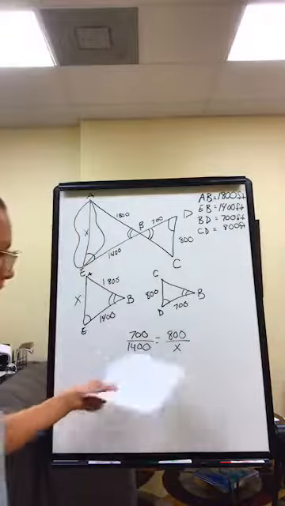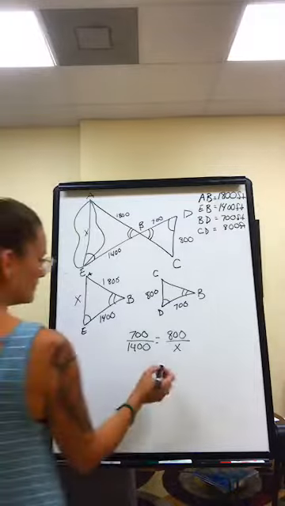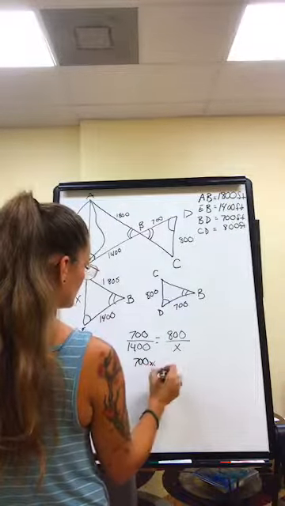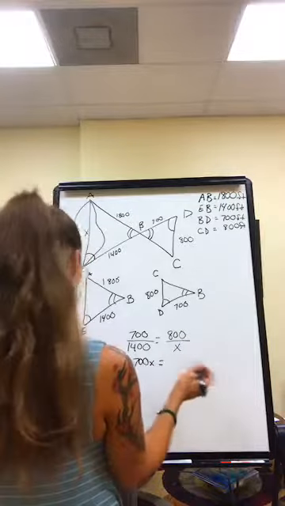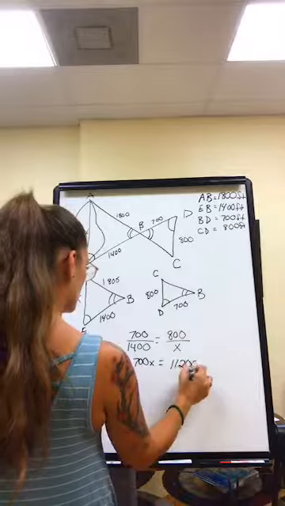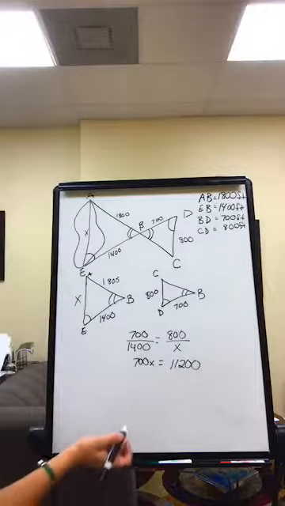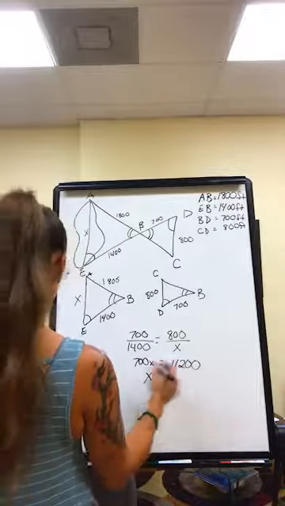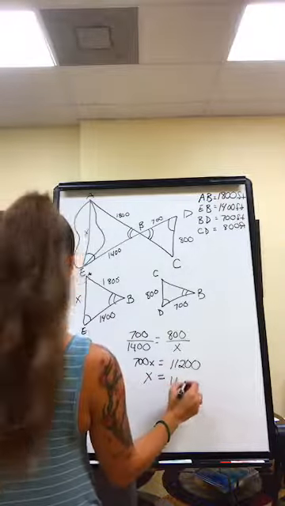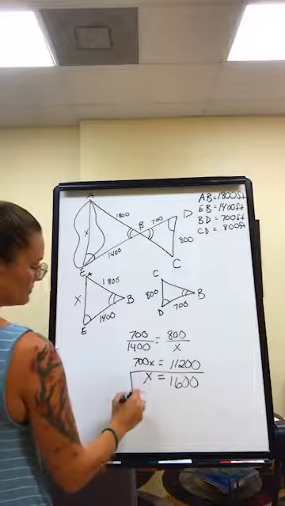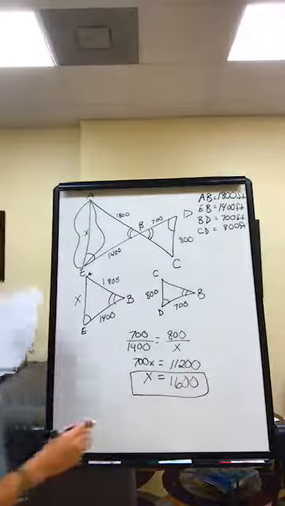Okay, you can cross multiply. 700x equals 800 times 1400, which is 1,120,000. Divide both sides by 700 and x is going to equal 1600.